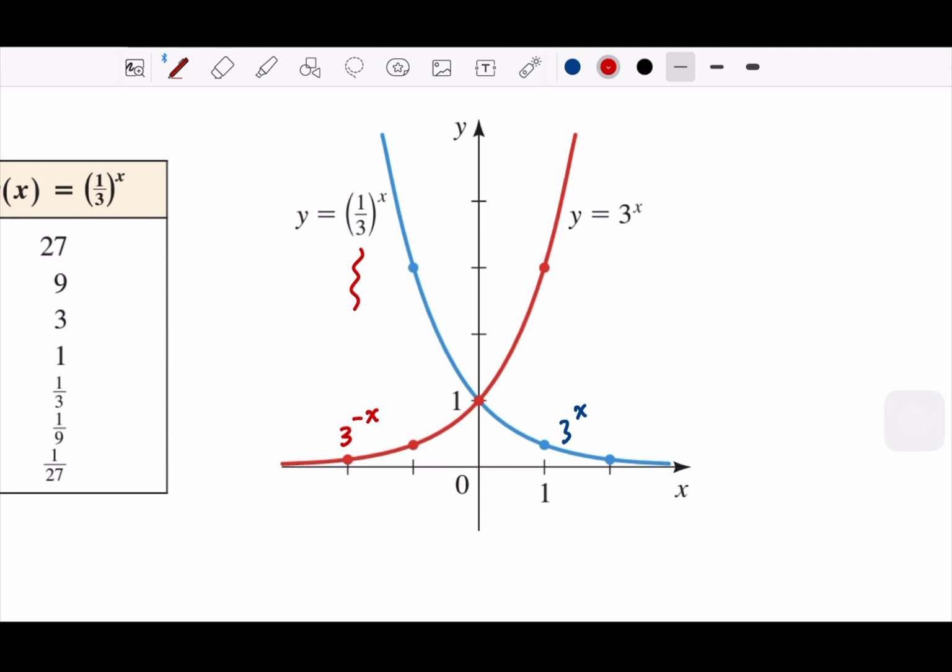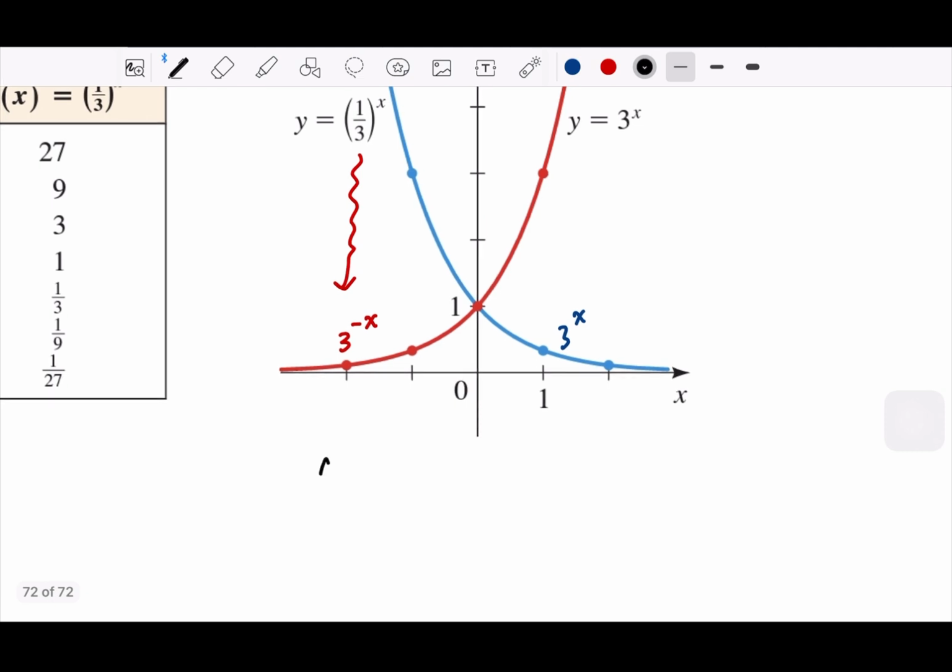We could rewrite this into this form, right? And we could also think this negative is because we mirror through the y-axis. So we could also think using the transformation of functions. So this is transformation, also transformation.